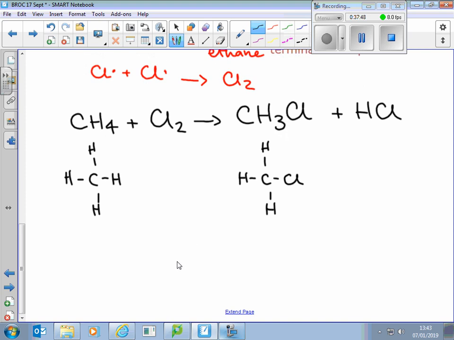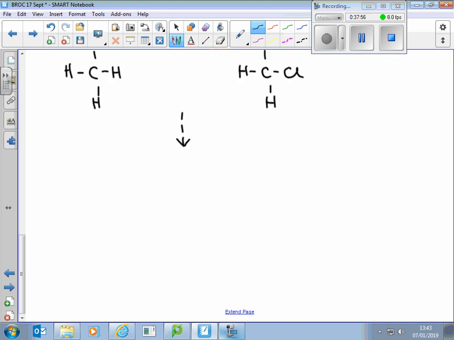All right, you could keep feeding that back round and over and over and over. So ultimately, what you can get is this, where all the hydrogen has been replaced. So that would be tetrachloromethane.